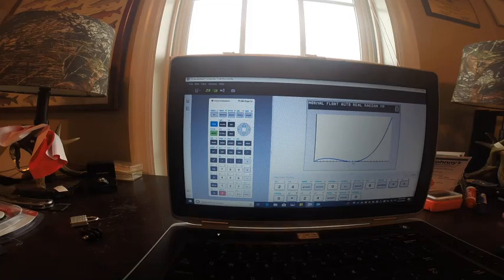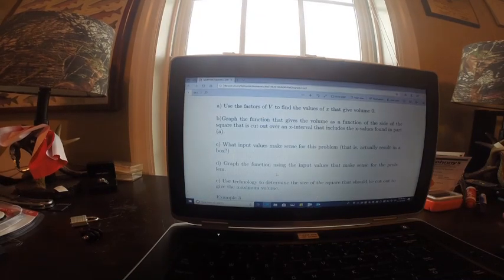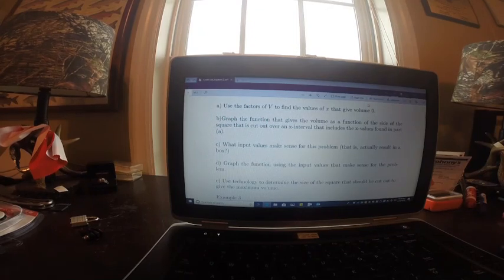How can you cut 13 off of one side and 13 off of another side when the whole side only measures 24 inches? So the only values that really make sense are from 0 to 12. So I can write that in. Let's see, add notes. Let's go on and do that. 0 to 12.